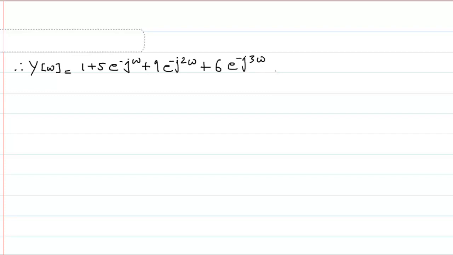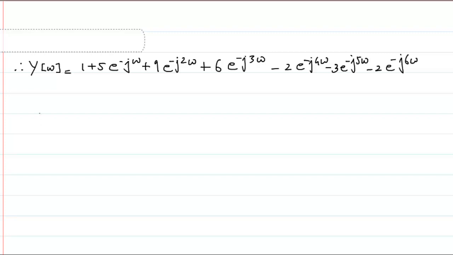Minus 2 e raised to power minus j 4 omega minus 3 e raised to power minus j 5 omega, and finally minus 2 e raised to power minus j 6 omega. So this is Y of omega value.